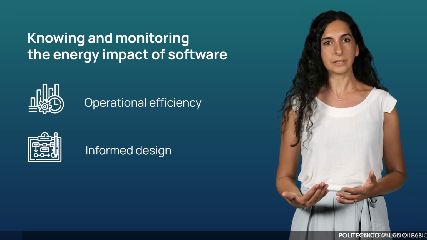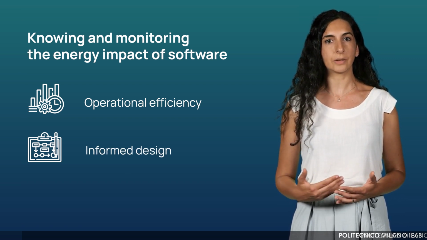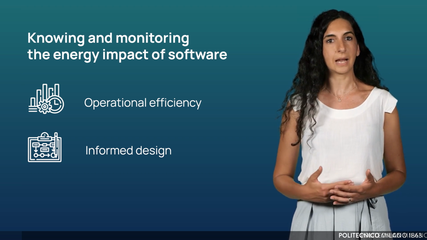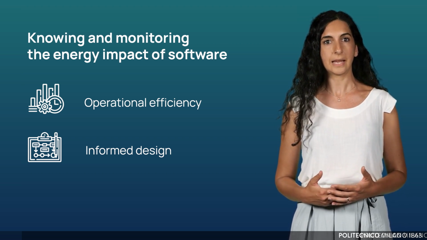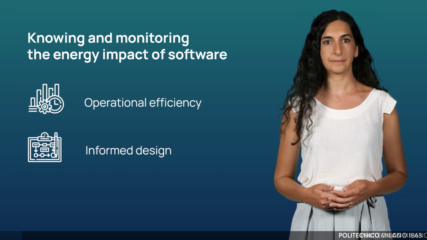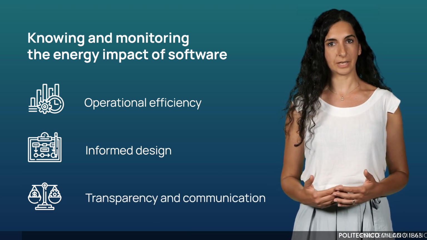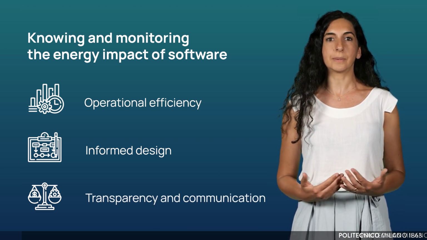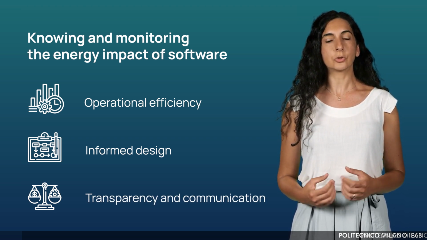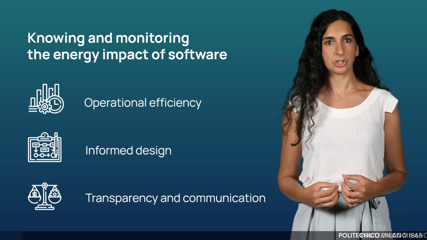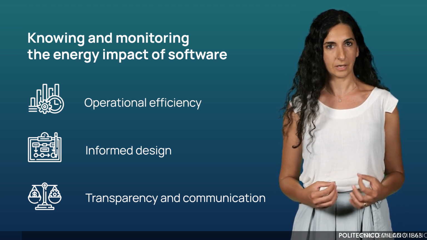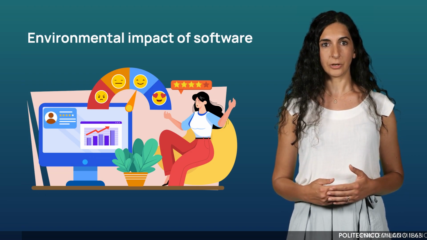To develop more sustainable software, it is essential to have tools that allow you to assess over time the effectiveness of design choices and implemented optimizations. Transparency and communication. The availability of measurable data enables organizations to credibly report their commitment to digital sustainability to customers, partners, and investors.